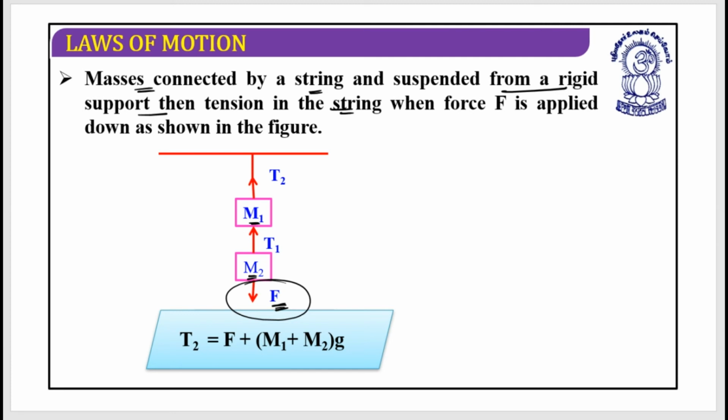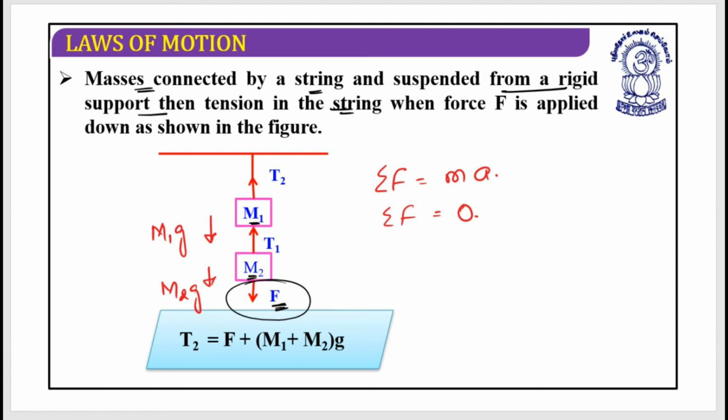And what other forces are acting? In the downward direction there is M1G, and in the downward direction there is M2G. So again you are going to have the same thing, sigma F equals M into A. But here acceleration is 0, so sigma F would be equal to 0.